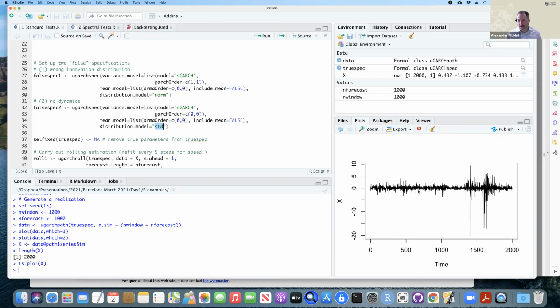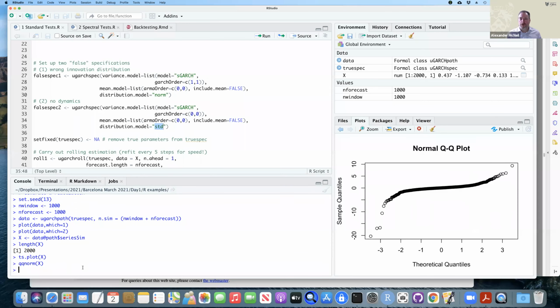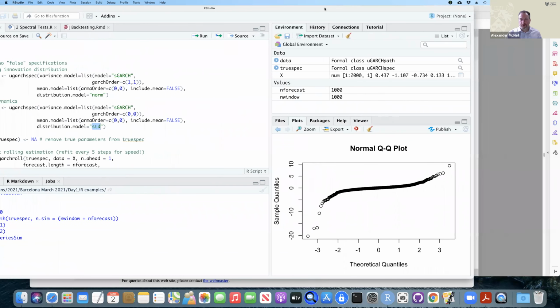One way of seeing that is if I do QQ norm. I don't know if you know what that is, but that's the command that gives a QQ plot. The QQ plot of data is a plot of the quantiles of the data against the quantiles of a reference distribution. In this case, the quantiles of a normal distribution. And when you get an inverted S shape, so this is a kind of inverted S, then that is a very good sign that the data have a heavier-tailed distribution than the reference.